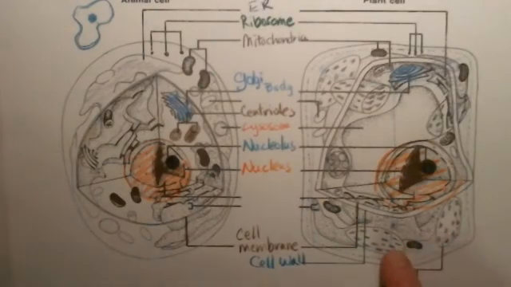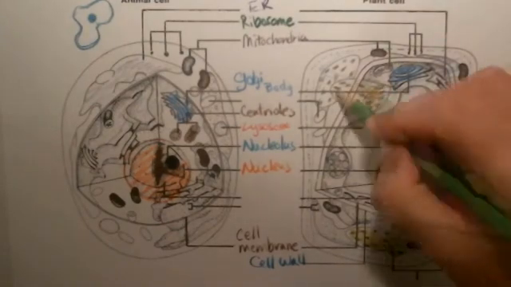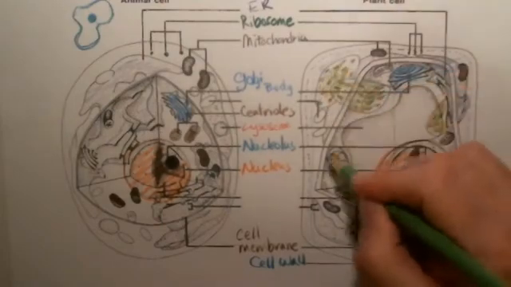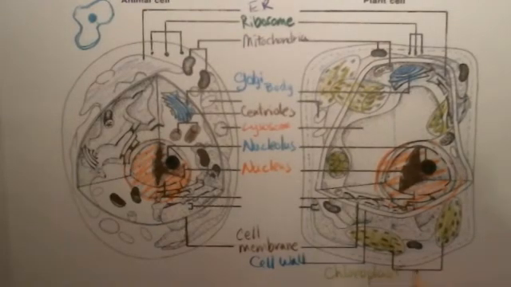The last thing that a plant cell would have that you guys need to know that an animal cell would not have are these two big structures here. And there's more here. There's another one here, and then we're looking at the end of one here that's been cut. And this thing is called a chloroplast. I'm just going to write this over here so you can see it. You may not be able to see it here.